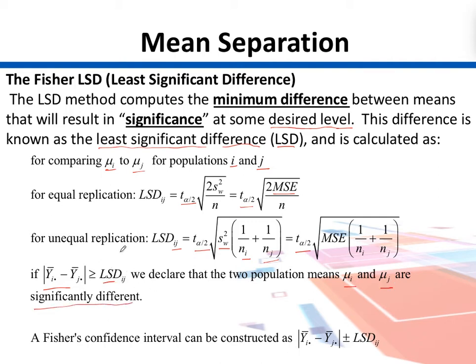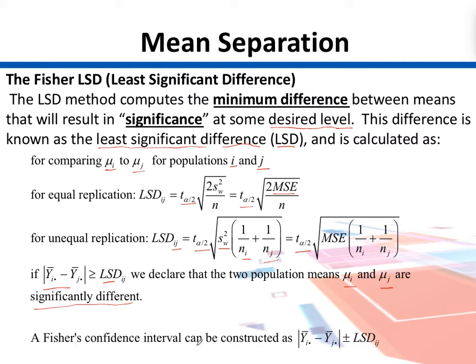So this number is what matters, and that's why we call it least significant, because any difference equal to or greater than that will let us conclude that these two populations are significantly different from each other.